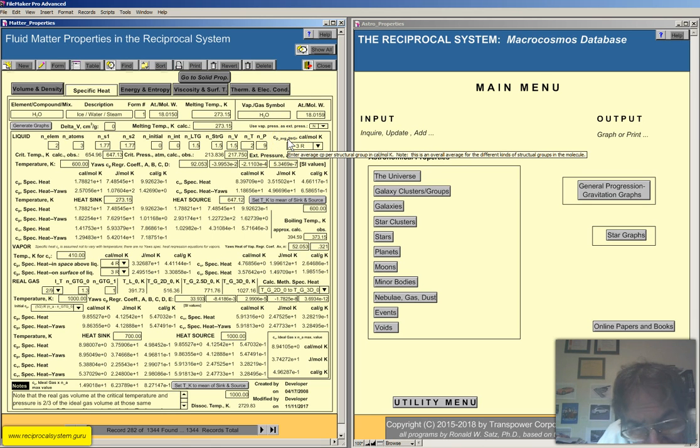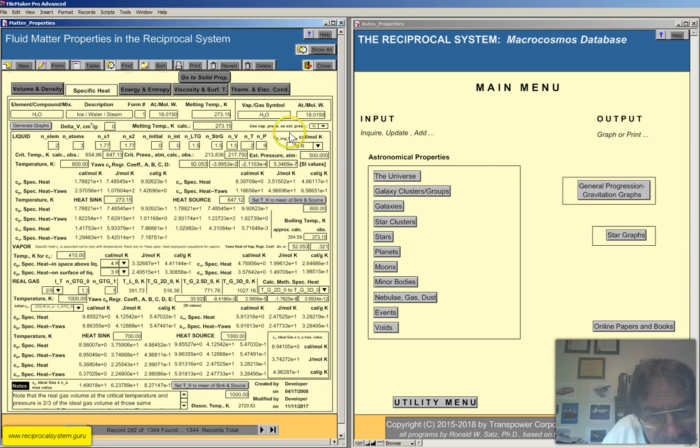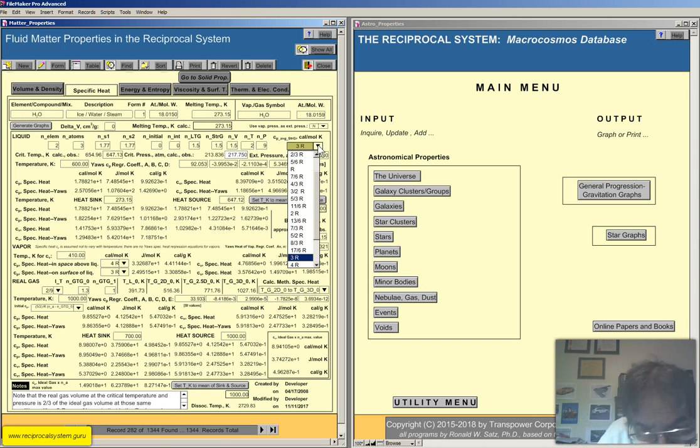And then here we have the average CP, the specific heat per pressure, per structural group, and that's in cal per mole per K. Note this is an overall average for the different levels of structural groups in the molecule. So it's 300. These are the choices here, by the way. So there are just a limited number of choices.